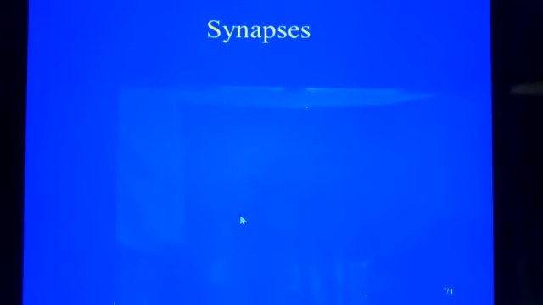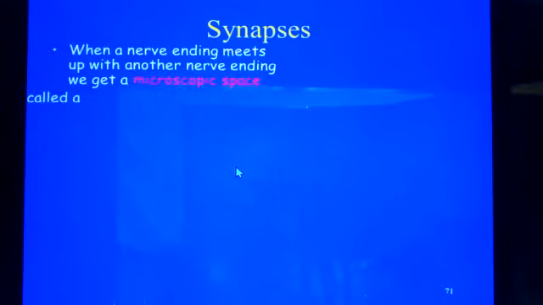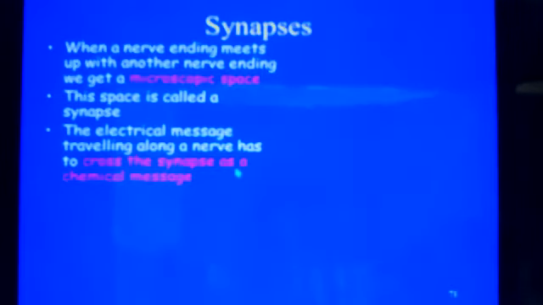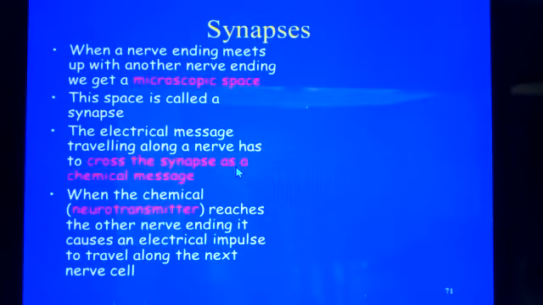Now, I want us to look at another important portion. Once a nerve impulse has been transmitted along a nerve fiber, it is supposed to be jumped over, crossed over, or passed over to another adjacent nerve cell. And this is the point at which we speak about the synapse.